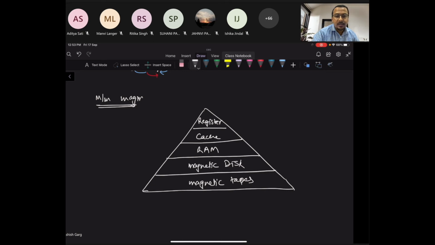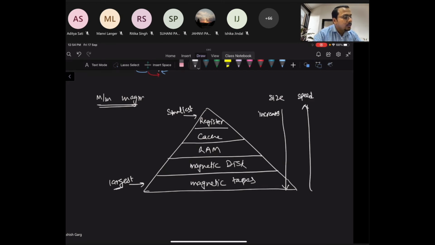Both are different things. So if we talk about size, as we go down the size increases in the downward direction. So this is the smallest and this is the largest in size. Again, in terms of speed, as we go up the speed increases. This is the slowest and this is the fastest.